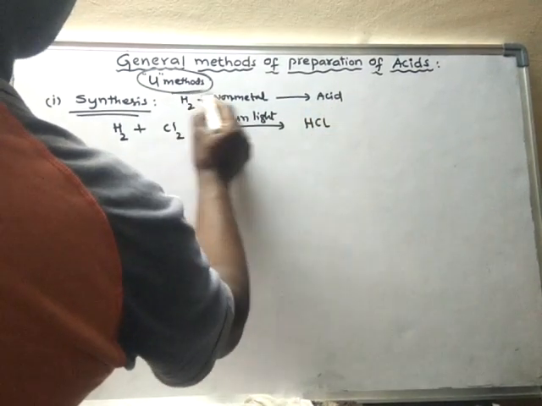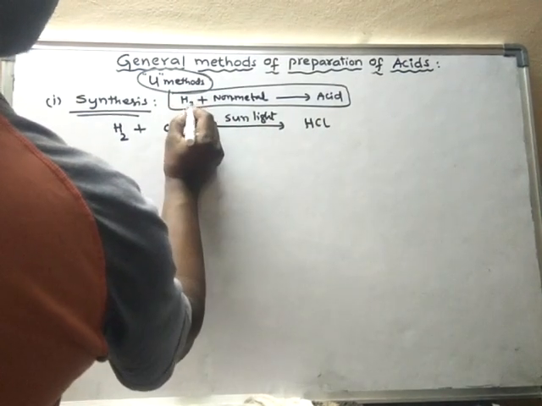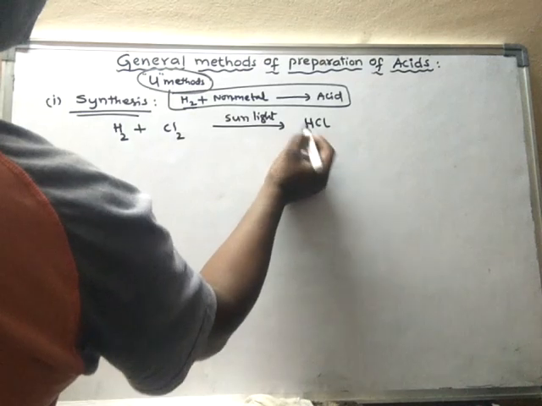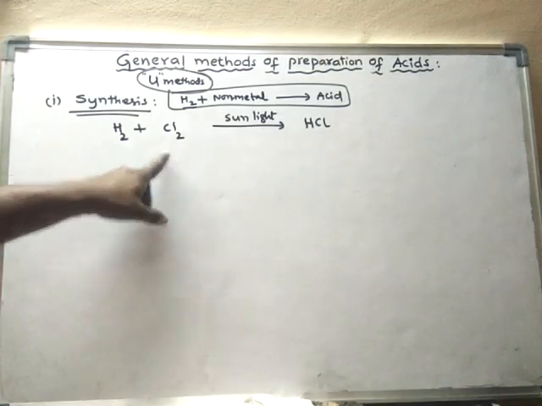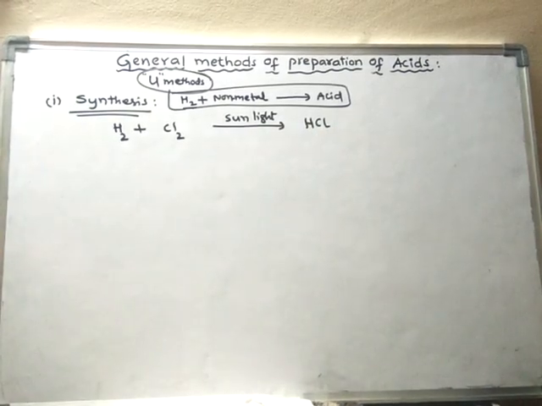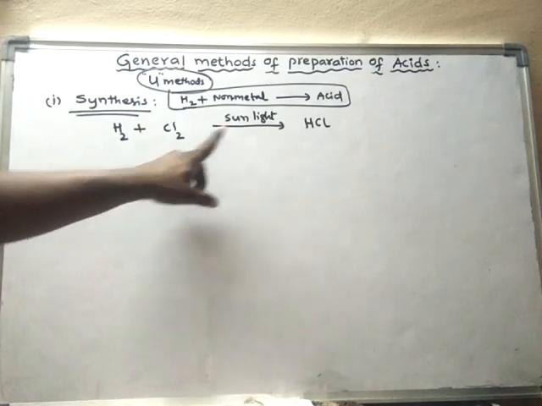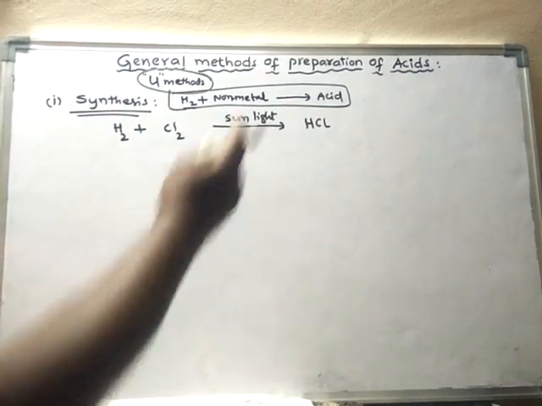This is the general equation. Specifically, for different acids we have to use different non-metals. Here for the preparation of HCl, hydrogen and chlorine react with each other in the presence of sunlight to form HCl.